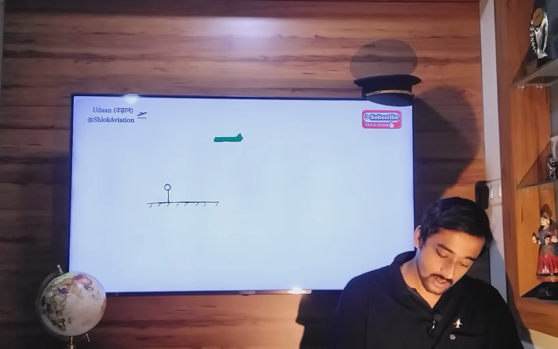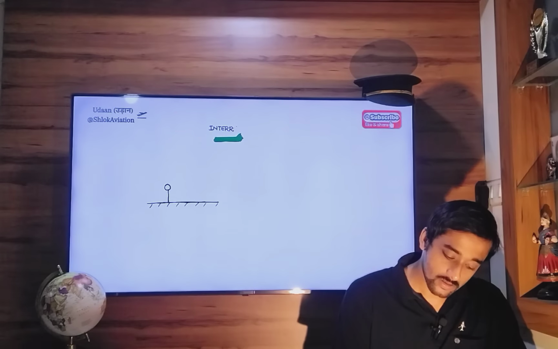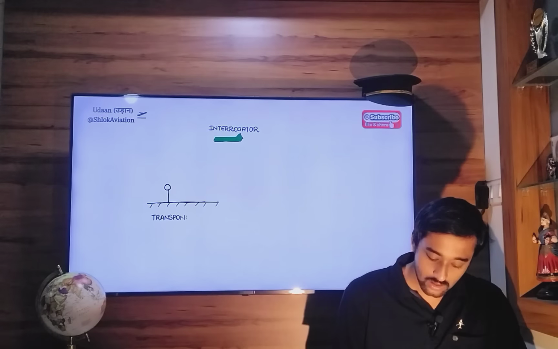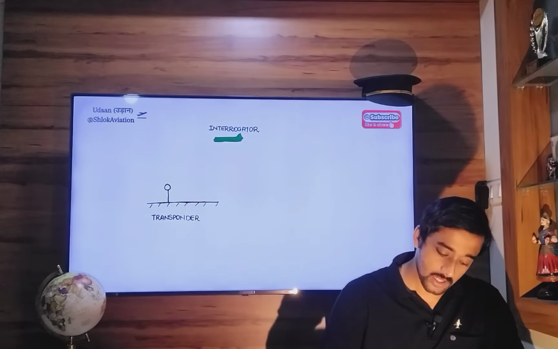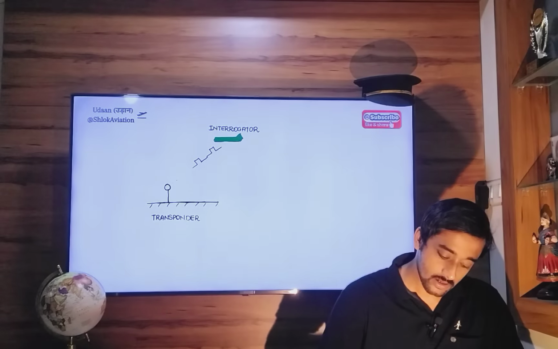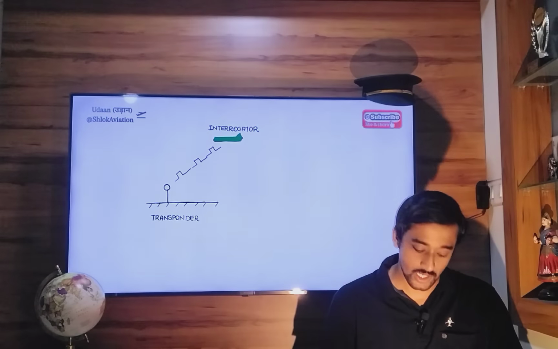This is your transponder. This interrogator transmits interrogation pulses in the direction of your DME ground station, your transponder.